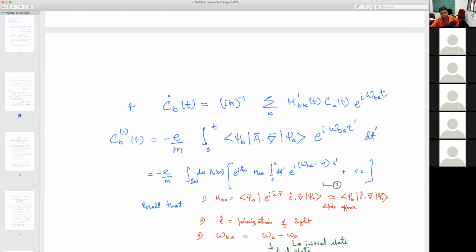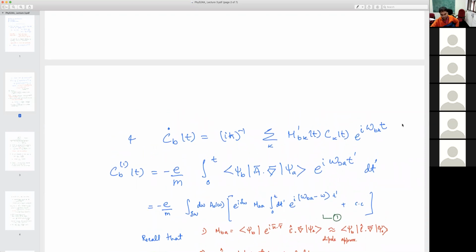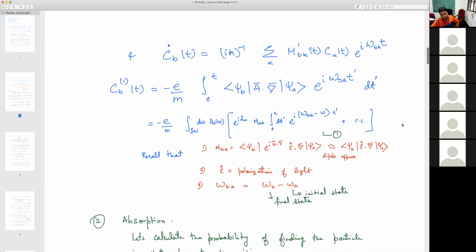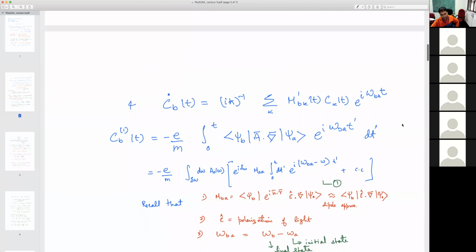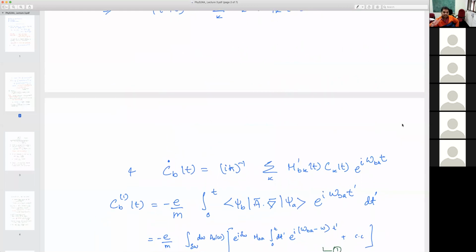So if you look carefully, all of this dependence comes from the omega dependence of A basically, right? Okay, yeah. So MBA will not change actually. Because the A had both e to the power i omega t and e to the power minus i omega t.